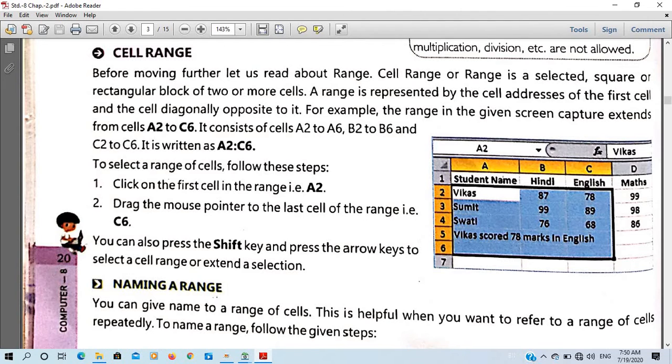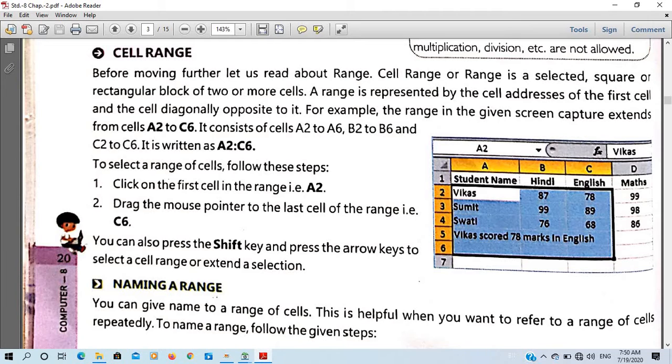For example, a student name here, the address of this cell is A1, the address of Hindi is B1, very good, and the address A2 means the value in cell A2 is Vikas, and the value of B4 is 76. Very good.